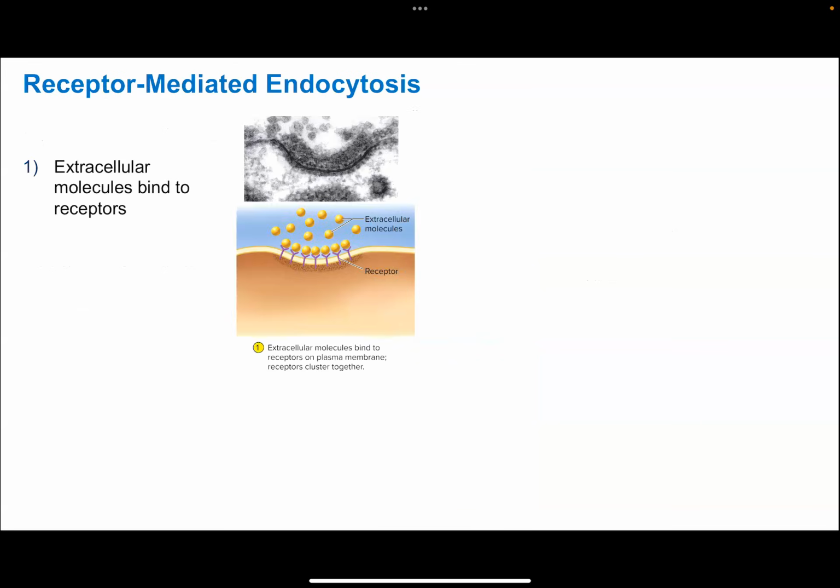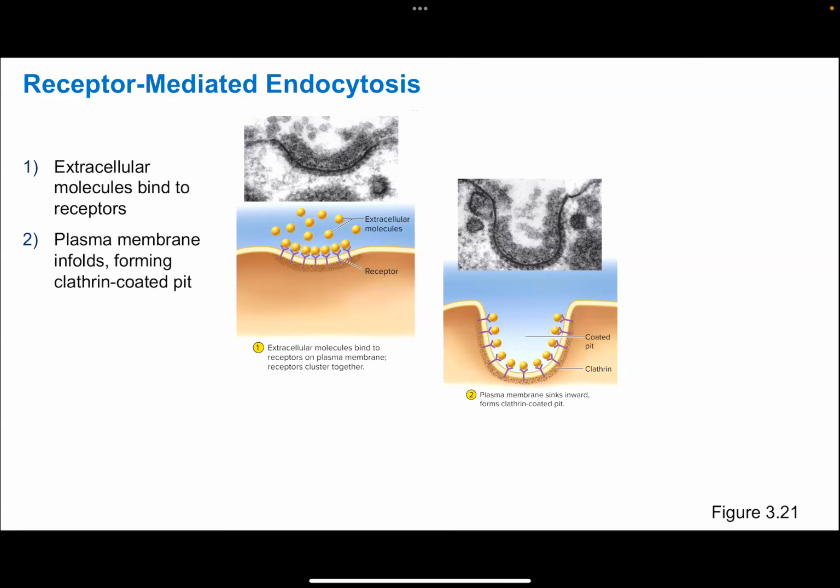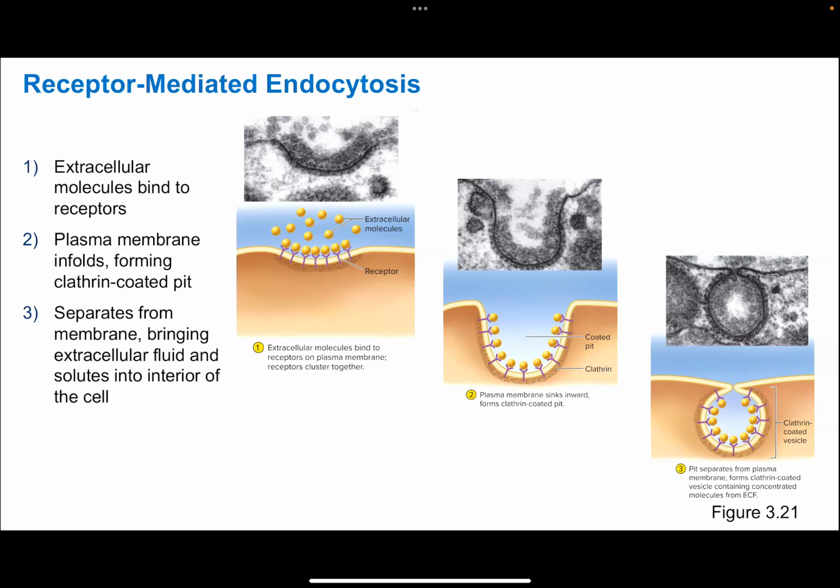The receptor-mediated endocytosis, again, you've got receptors on the plasma membrane. Once they bind to whatever extracellular molecules are going to activate it, it folds in, and it forms something called a clathrin-coated pit. This clathrin-coated pit will then continue to form the circle and separate from the external plasma membrane.